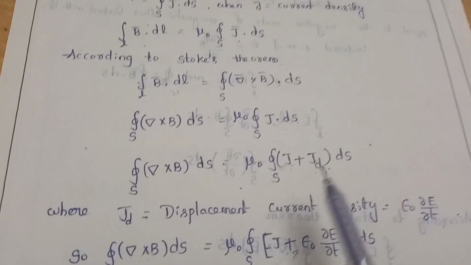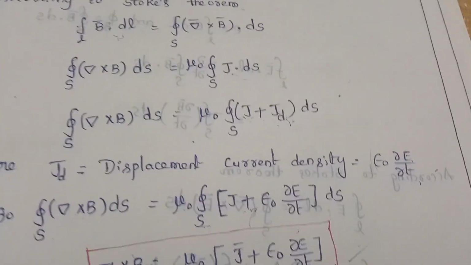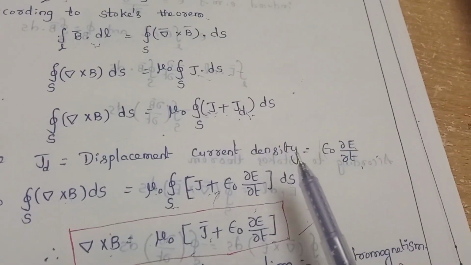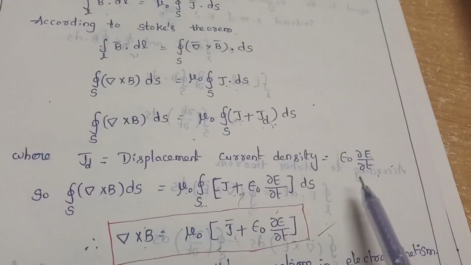plus J_D. Here Maxwell additionally added the displacement current density. That displacement current density is equal to epsilon naught into dou E by dou t.